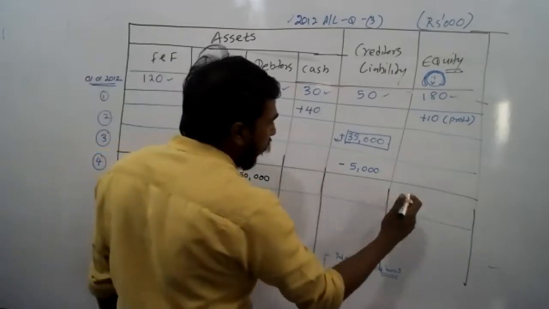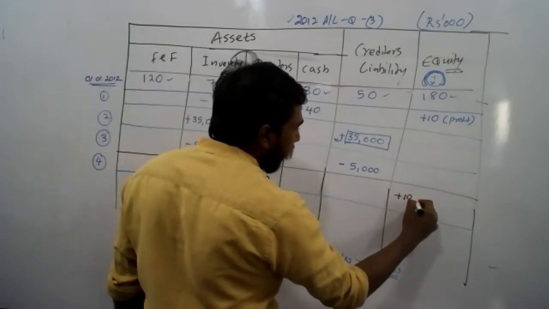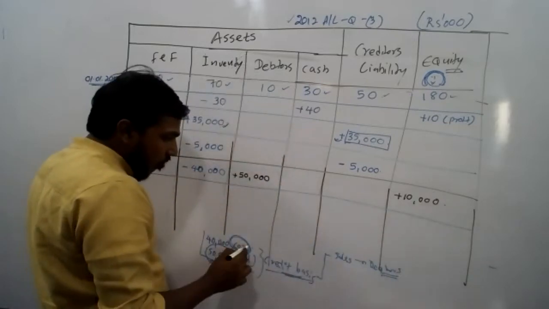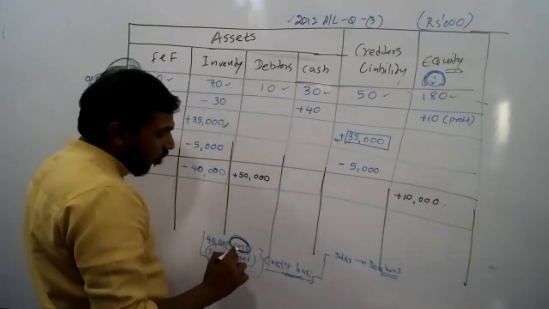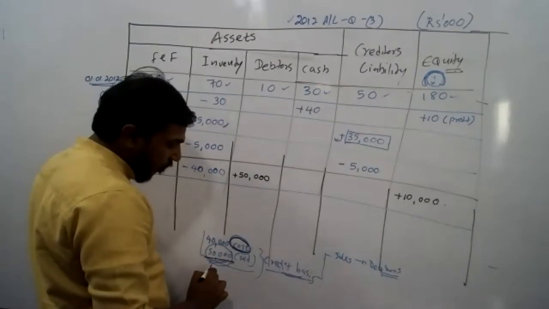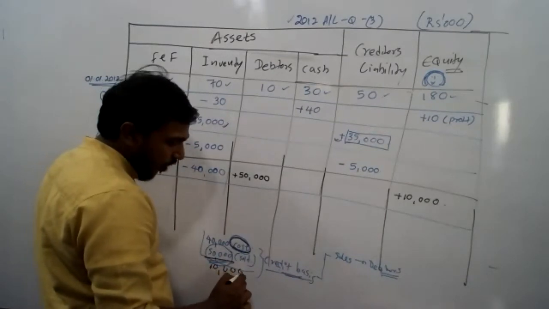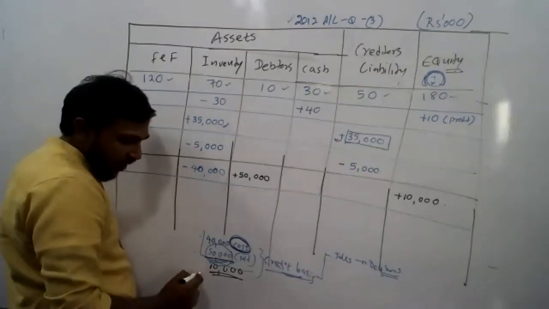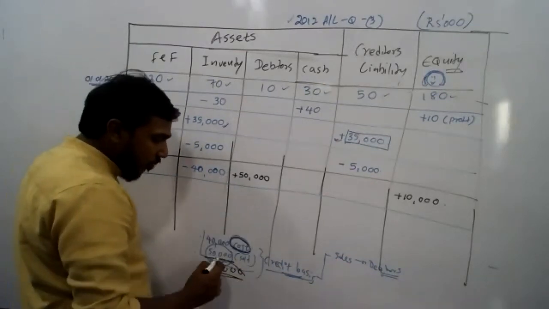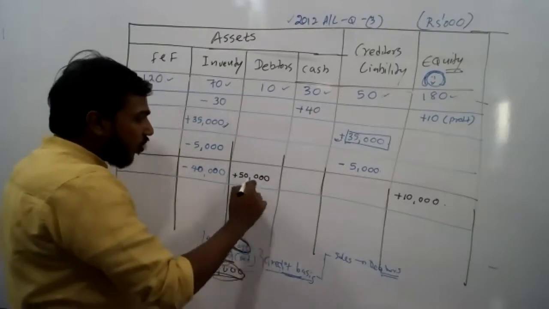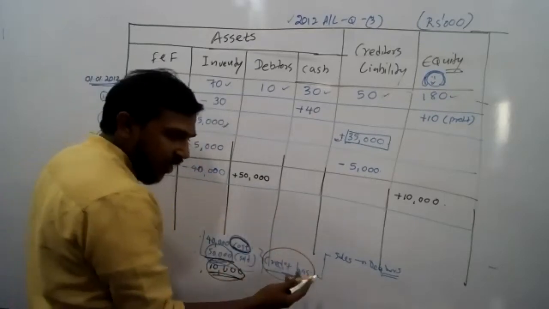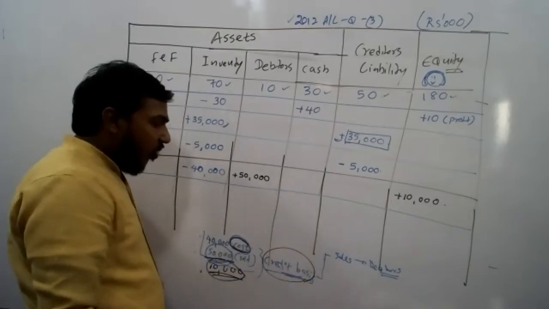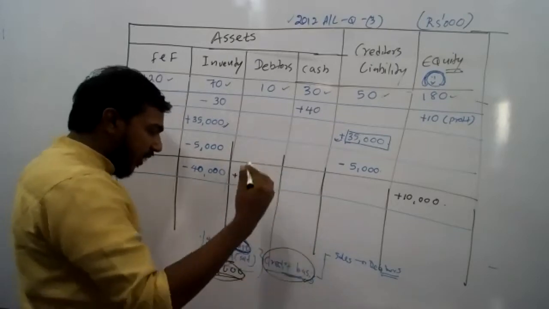Then equity would be increased by how much? 10,000. How does equity increase? Goods costing 40,000 were sold for 50,000, so the profit is 10,000. You might be wondering, it was on credit basis, so how do you get the profit? It doesn't matter whether it's cash basis or credit basis.